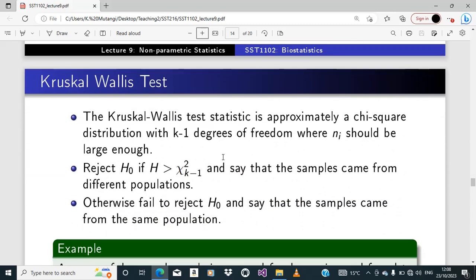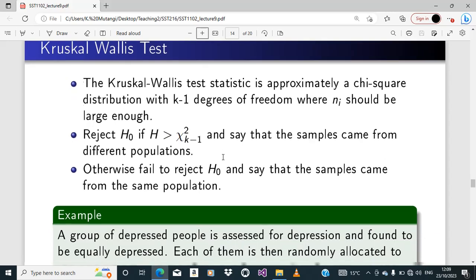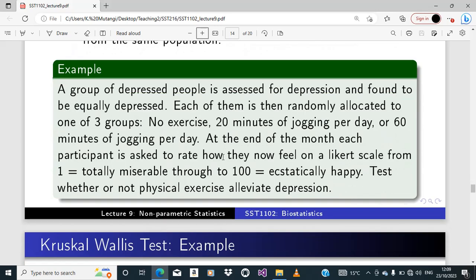The rejection criterion: you reject H0, of course, if the test statistic H is greater than chi-squared with k minus 1 degrees of freedom. Here, k is simply the number of groups involved in the analysis. Otherwise, we fail to reject H0.